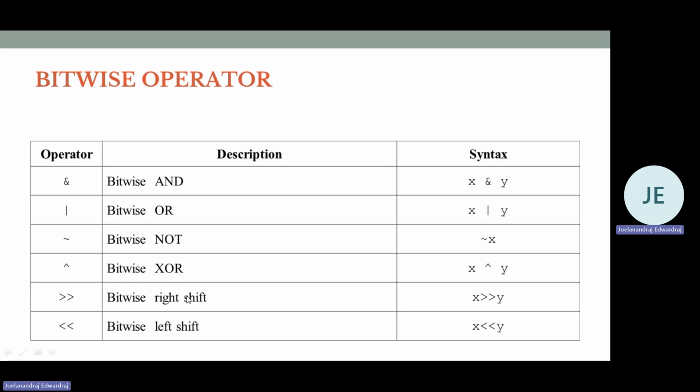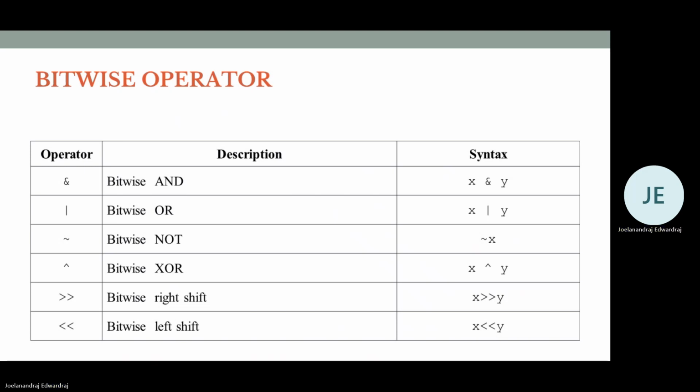This bitwise XOR is also like and, or, not. If both the inputs are 1, we'll get false. If both the inputs are 0, we'll get 0 or false.